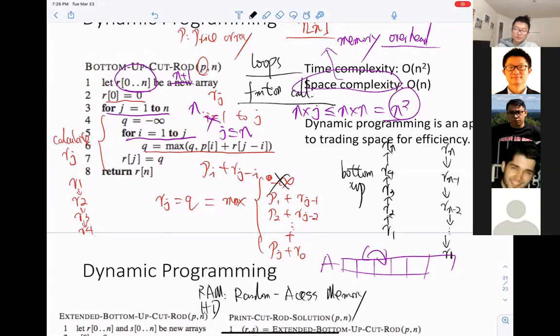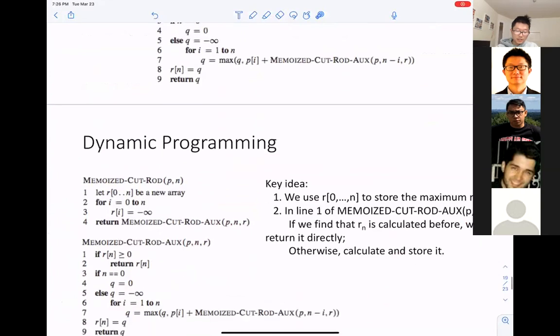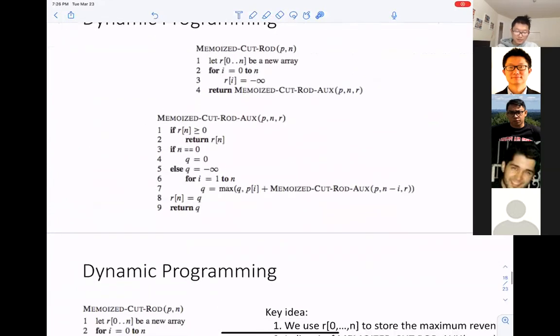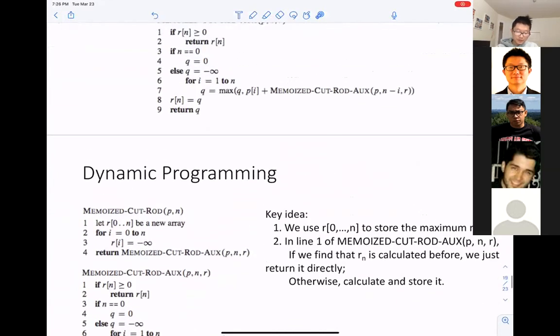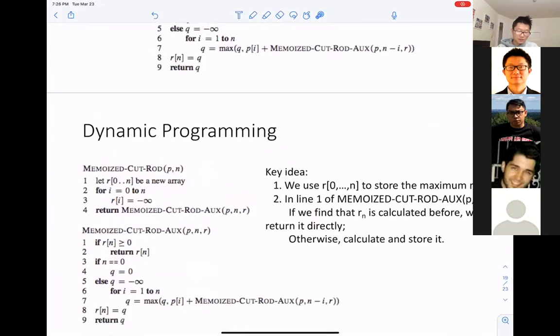Okay, and here is the pseudocode for the top-down solution. This is the main entrance of the top-down solution. Again, we take two input values, P and N. P is the price array, and N is the length of the route that you have in your hand.